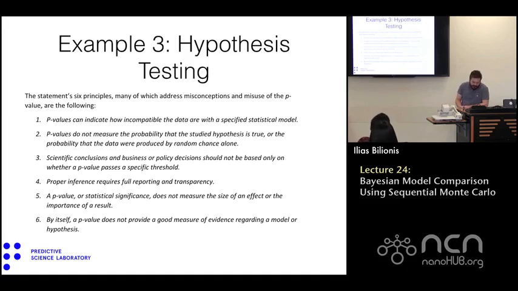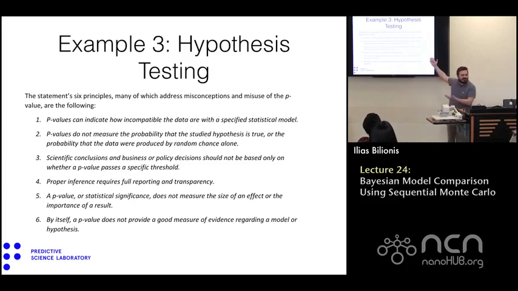Proper inference requires full reporting and transparency. There are various examples where this doesn't happen. I'll give you an example later on from psychology. A p-value or statistical significance does not measure the size of an effect or the importance of a result. By itself, a p-value does not provide a good measure of evidence regarding a model or hypothesis.